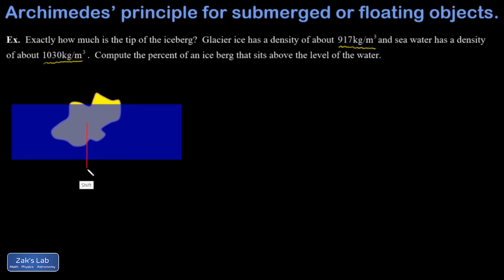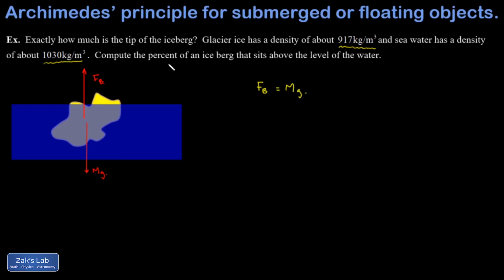So I start by getting into a force analysis. And gravity is pulling down on this thing with a strength of mg. And then it's in equilibrium, so the buoyant force must be equal to that. And I start messing around with the calculation. I say the buoyant force is equal to the weight.